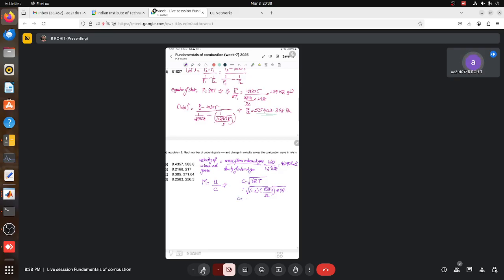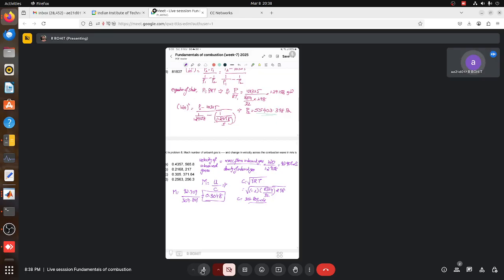So your C comes to 304.809 meter per second. So your Mach number will be 92.909 by 304.809, which comes close to 0.3048. So this is the Mach number of the unburnt gas that you have.